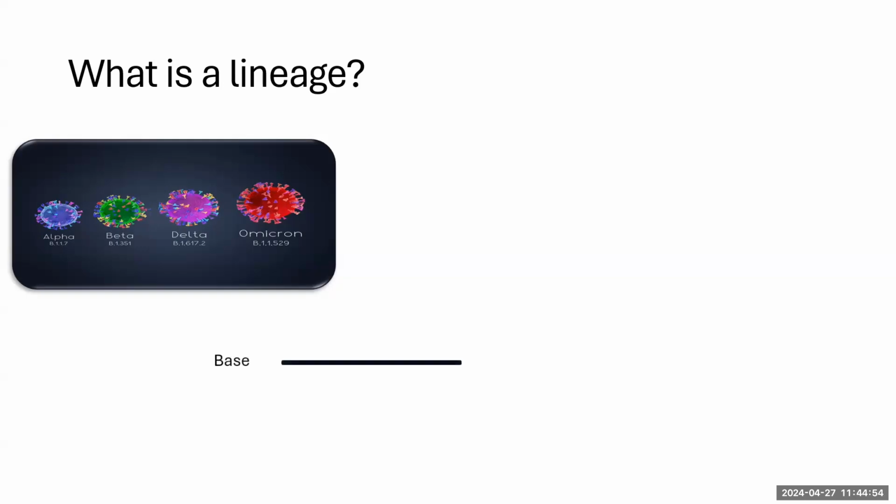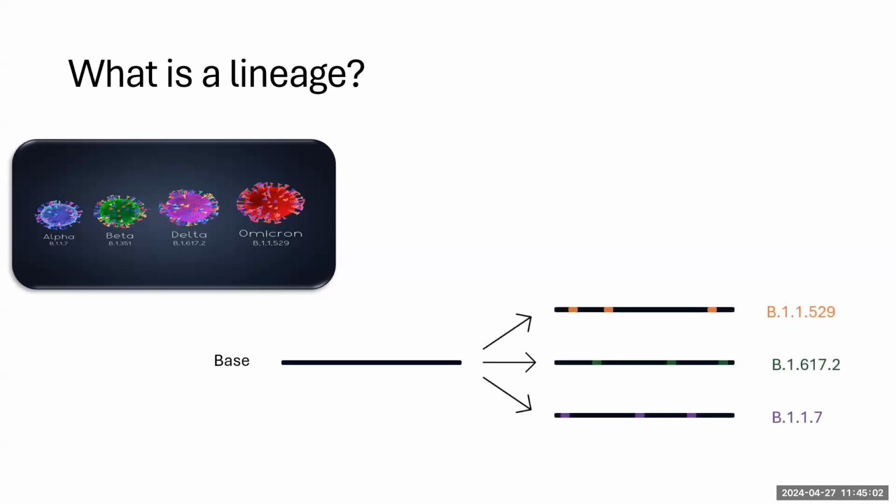A lineage is defined by a genome base, let's say, and a set of variants. For example, the SARS-CoV-2 genome that was sequenced in Wuhan in 2019 was a genomic base, and a lineage of it is, for example, B.1.1.7 or Omicron.